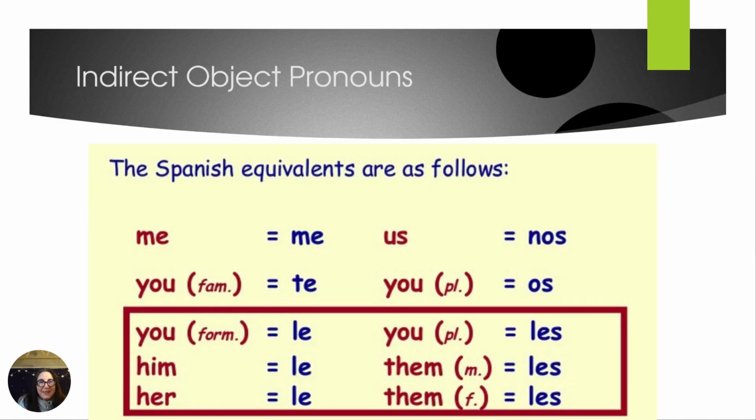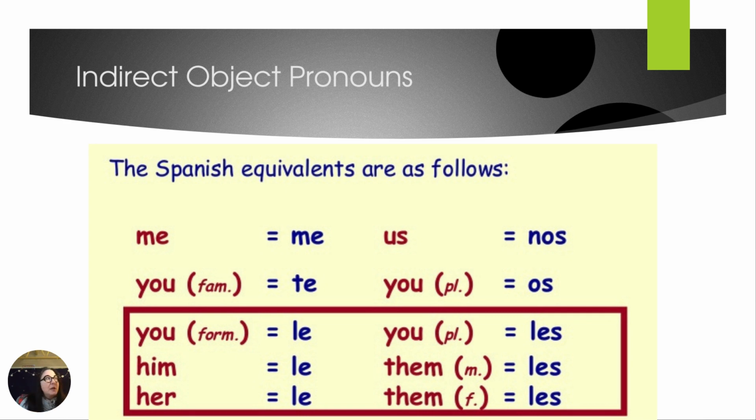All right. So here are our indirect object pronouns. Okay. Actually, I believe I was saying direct object pronouns. Señora, I'm sorry, I meant indirect object pronouns. Okay. So the Spanish equivalents look like this. Now we have them in English. All right.